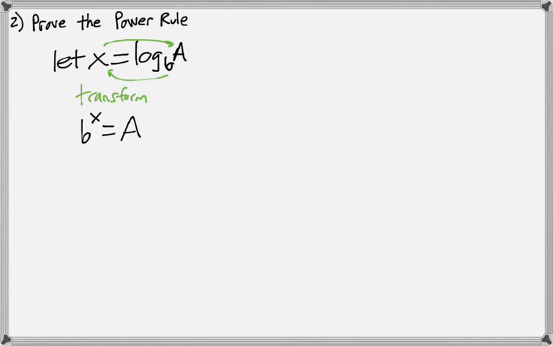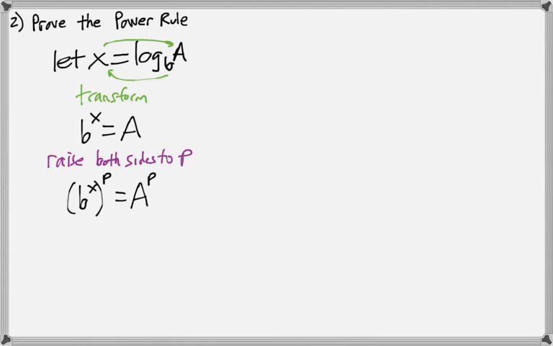And then I need to get that power in there. So I need to raise both sides to the p. So this is going to be b to the x, and I'm raising that to p is equal to a to the p.